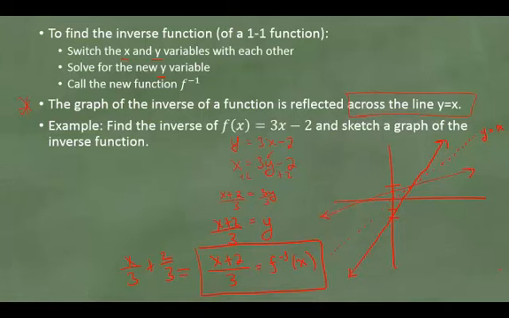And if you have one function's graph, like we did here, for y is equal to 3x minus 2, all you have to do is reflect it, look at the mirror image, and you'll get the graph of the inverse function.